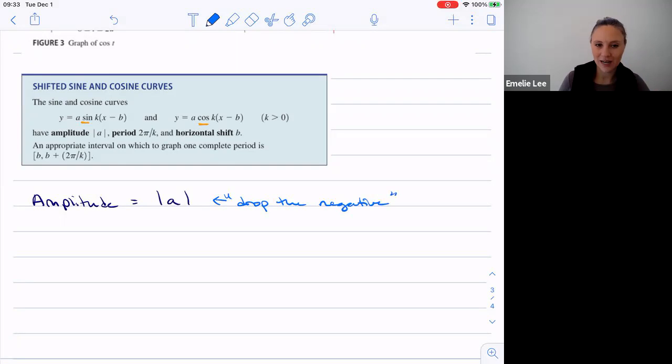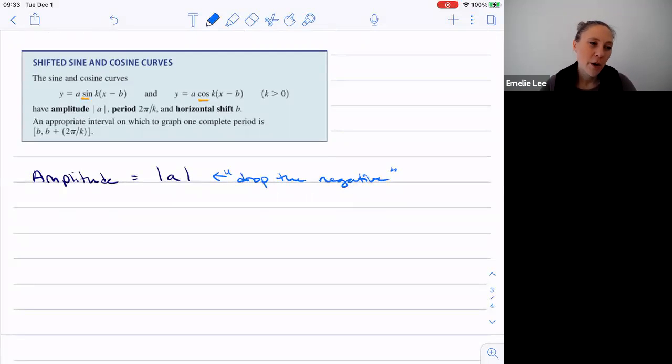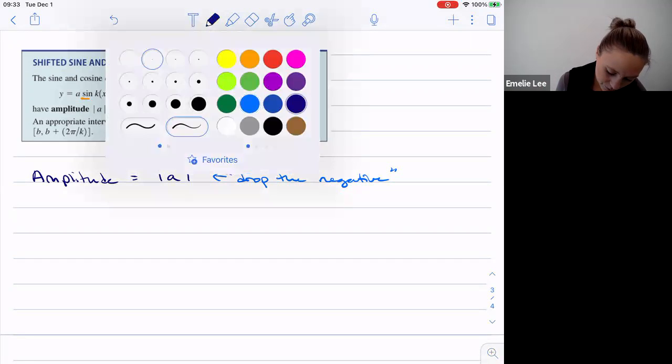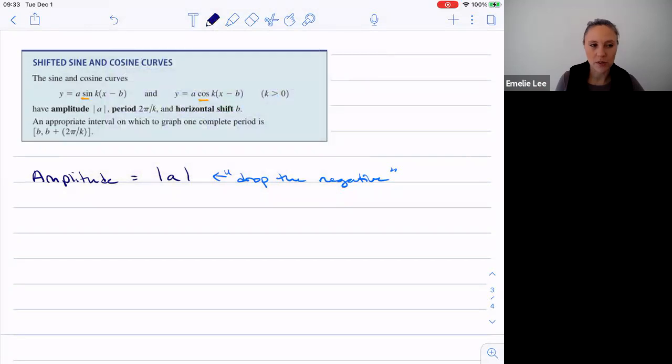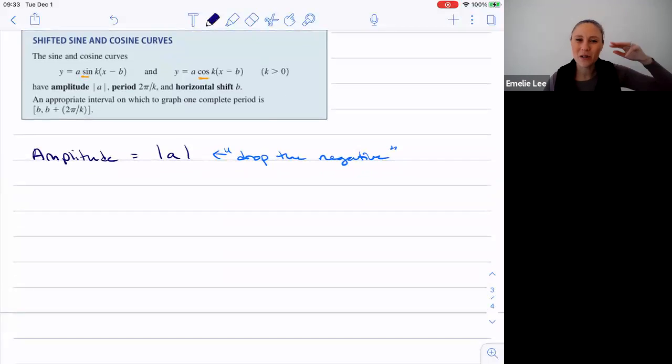We know that's not what actually happens, since taking the absolute value is a piecewise defined function, but for us, we can just think about it as dropping the negative. I'll show you what the amplitude is in a little bit, but the amplitude is essentially a stretch. You might know it from a physics course: the amplitude is how big your movement is.